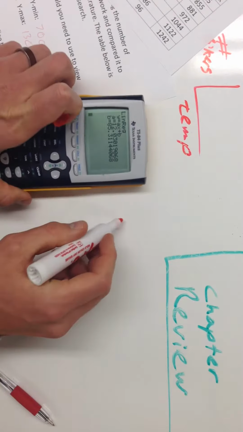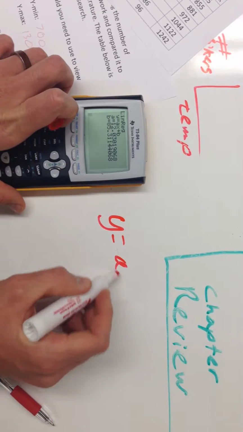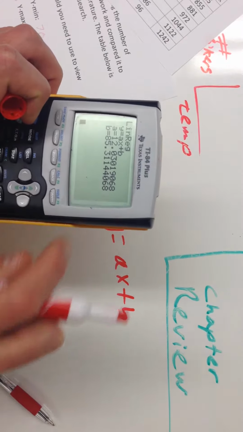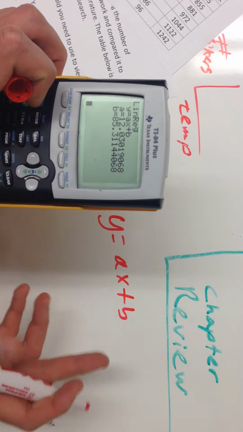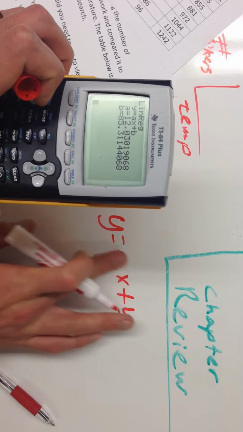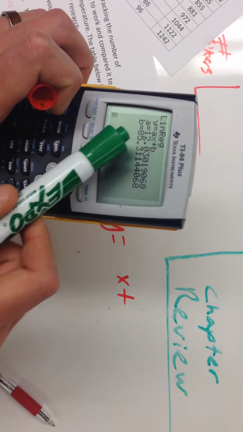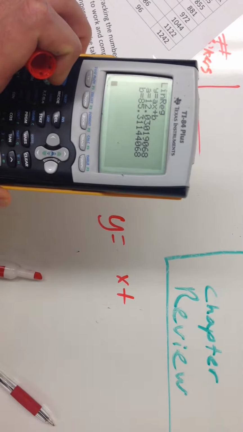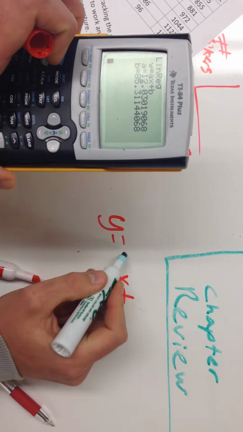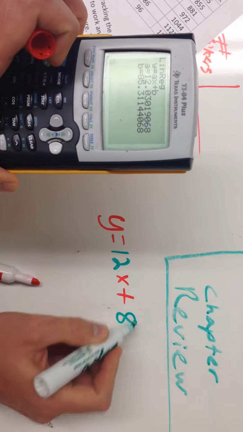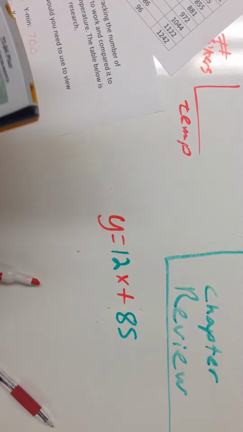They give me the equation in terms of y equals ax plus b. That's the very first line to say, hey, I'm going to give you an answer in y equals ax plus b. We say mx plus b, they say ax plus b, potato, potato. They say our a value is about 12, so I'm just going to round that to 12. And our b value is 85, so I'm just going to put that at 85.